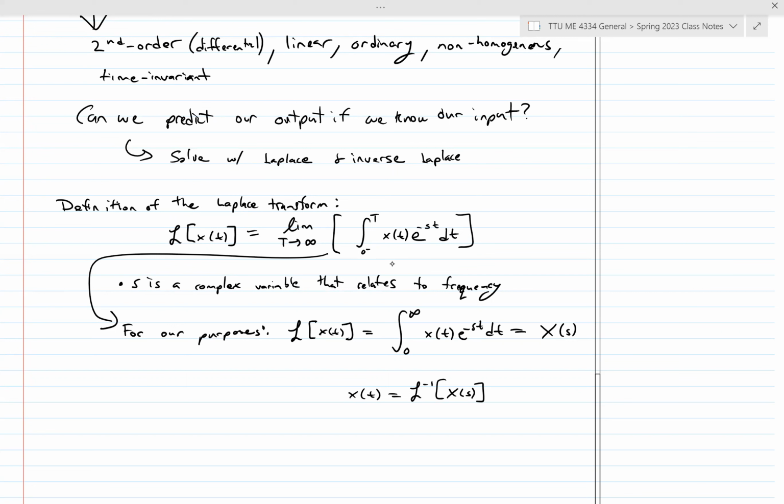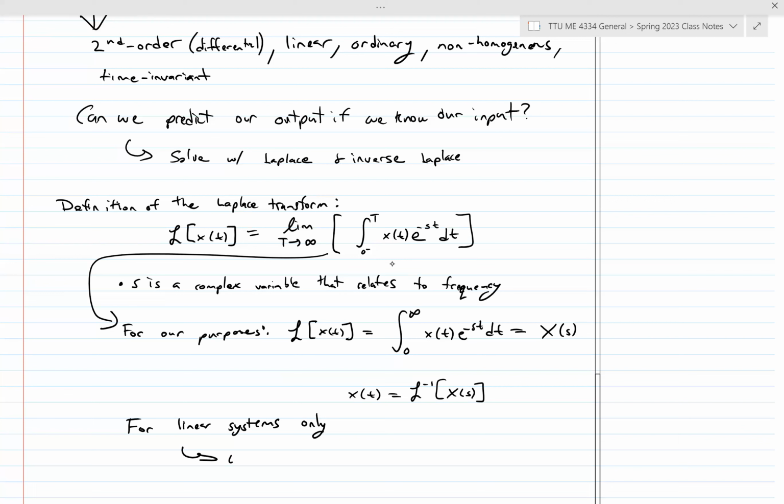Well, time varying, those ones get very complicated, but they may be able to be done. But nonlinear systems, we cannot use Laplace transforms with nonlinear systems. So if we have like a y squared or a y times u or anything like that, Laplace transforms are not appropriate, right? So these are for linear systems only.